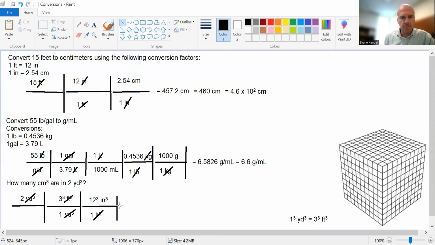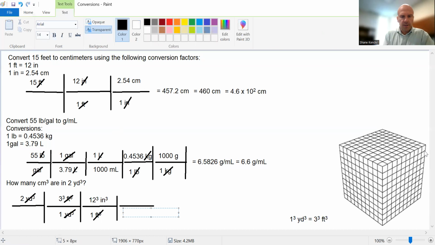And now we've got to convert from the cubic inches to the cubic centimeters. I'm going to want the cubic inches on the bottom. I know that 1 inch is 2.54 centimeters. So 1 cubic inch, again, the 1 would be cubed.